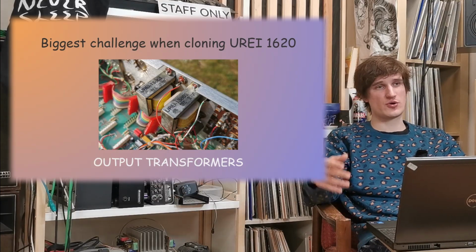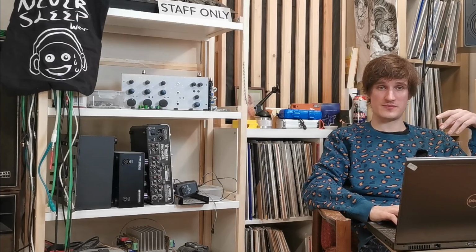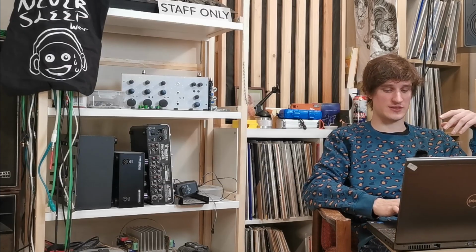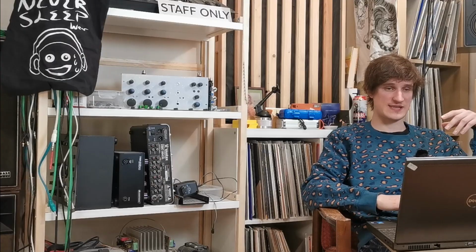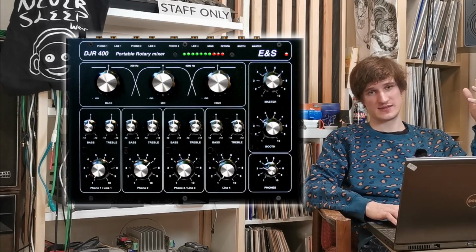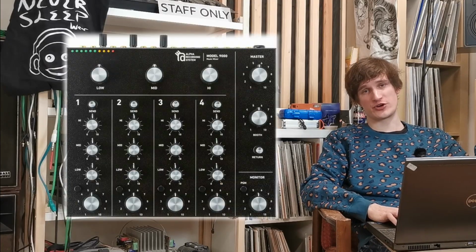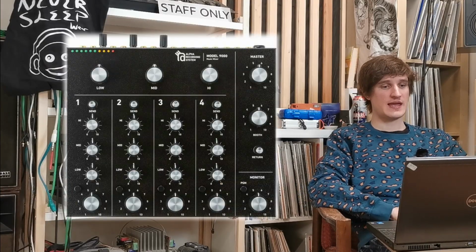I also spoke about this in previous episodes, and those mixers that copied Ray solutions are, for example, the E&S DJR400. This is a quite known mixer, and also Alpha Recording System from Japan.